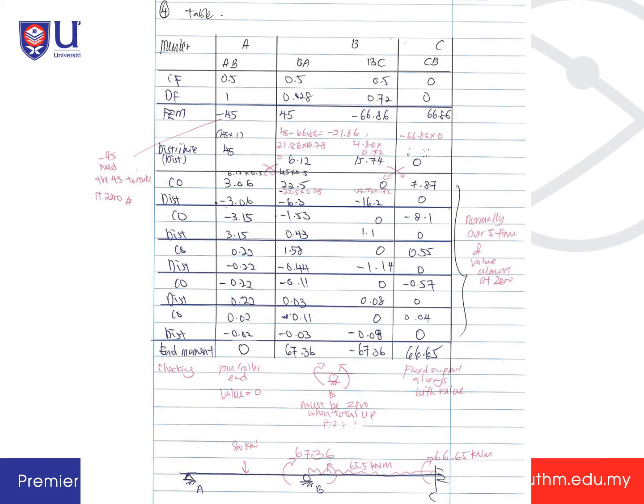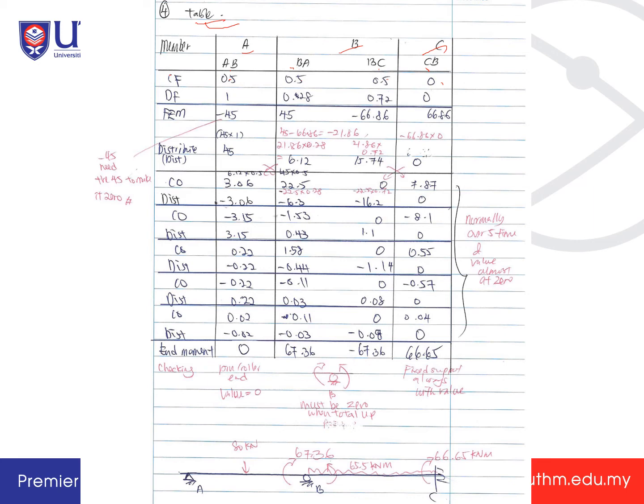And then now you make a table. So step number 4 is you put in the table. So now you have members A, B, C. At B you have component AB, A to B, B to A at point B, and BC. At C you only have CB. Then you substitute the CF into it. So CF is 0.5, 0.5, 0.5 and 0.